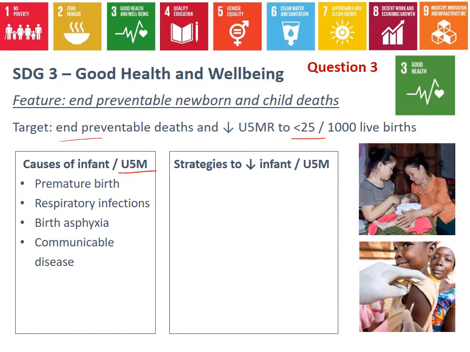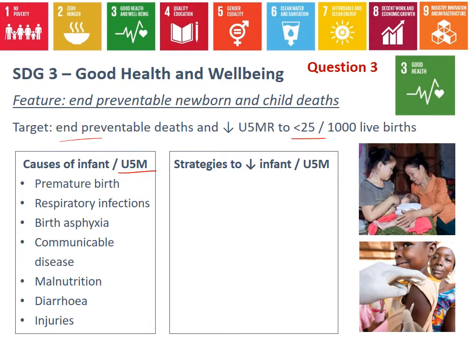So things like malaria, cholera, tuberculosis, AIDS, they're all examples. Malnutrition, diarrhea, we've looked at this before in terms of safe water and sanitation. And also injuries. So that can be things like road injuries, or farming accidents, lots of things like that.